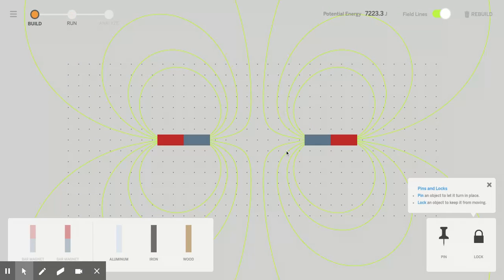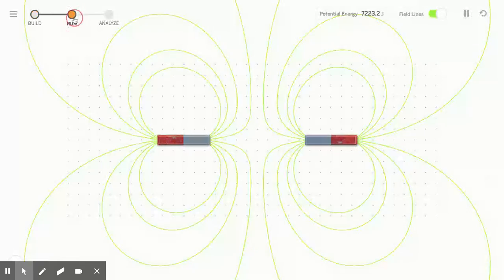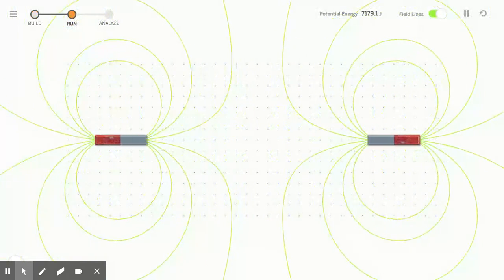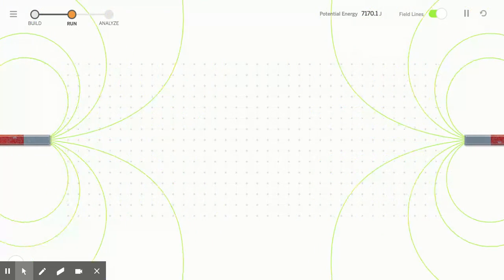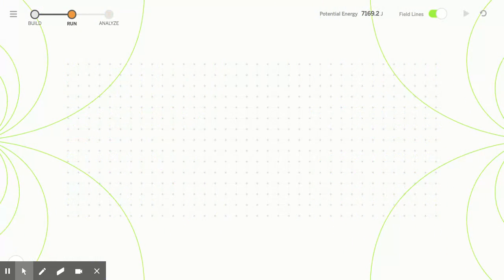They're yellow. And if we notice, as they're spread apart, the fields are sort of looking like they're pushing against each other. They're not touching. And if I hit run, let's see. So again, it's moving a little more slowly.